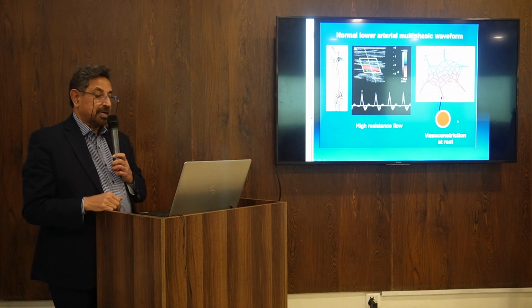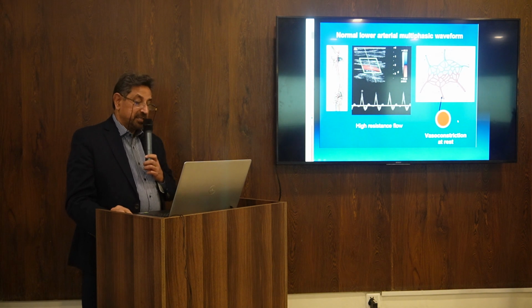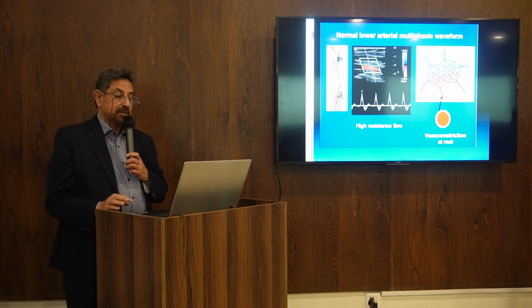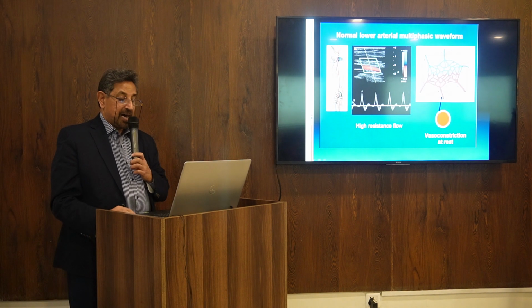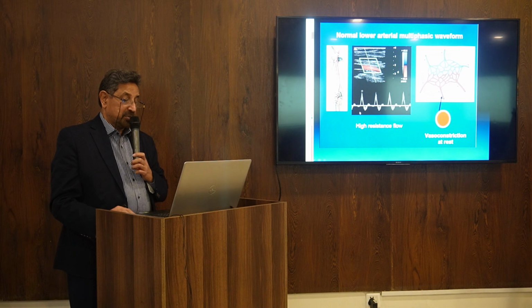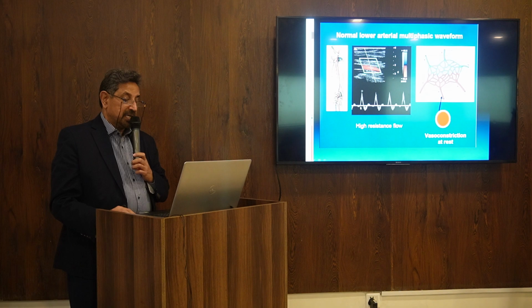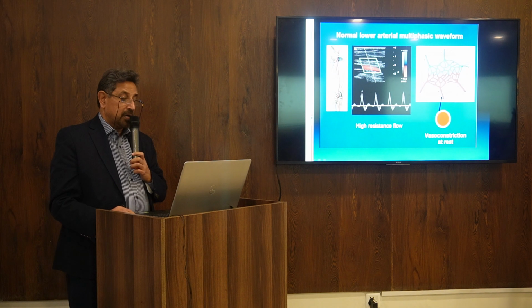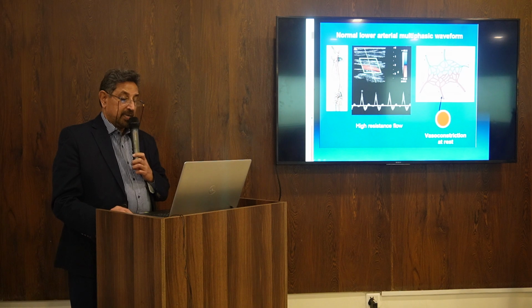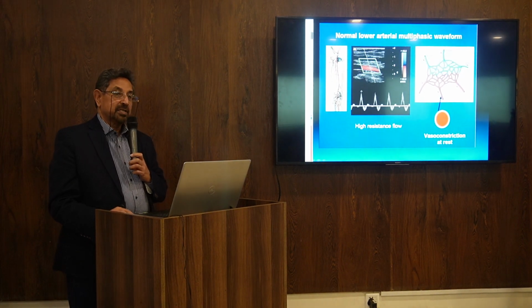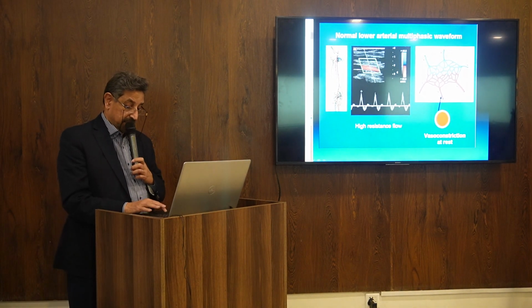But to the worker class, the legs, the feet, there is a vasoconstriction. So there is high resistance flow. In diastole you see a little bit of flow. There is this peak, then reversal of flow, then a third wave here. This is called a multiphasic or triphasic waveform because there is vasoconstriction in the peripheral limb vessels.